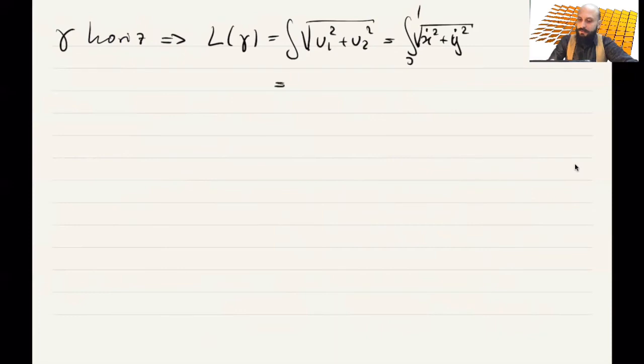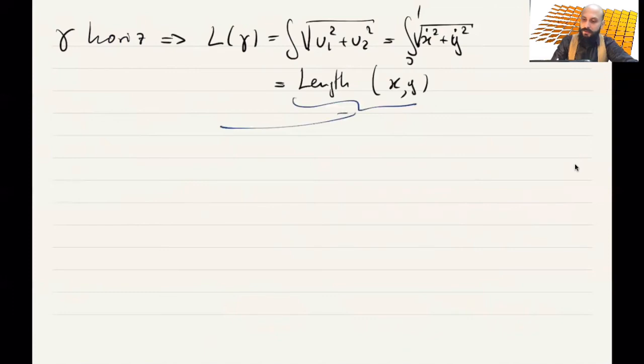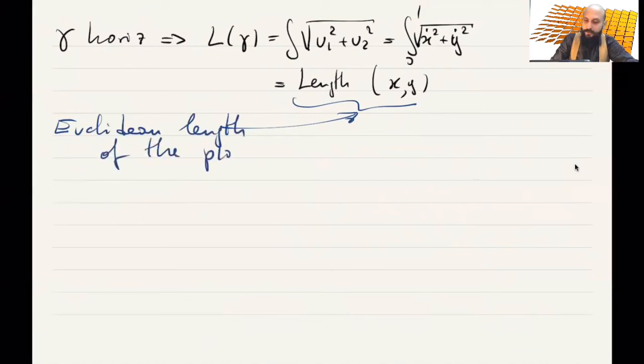This is equal to the length of the projection of the curve, the Euclidean length of the planar curve t goes to (x(t), y(t)).